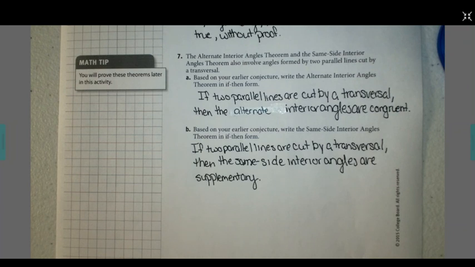Whereas with part B, it asked us to do the same side interior angles, which states if two parallel lines are cut by a transversal, then the same side interior angles are supplementary, because remember, those were summing up to 180 degrees. On to your debriefing question.